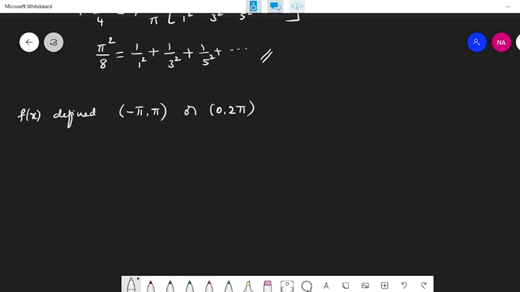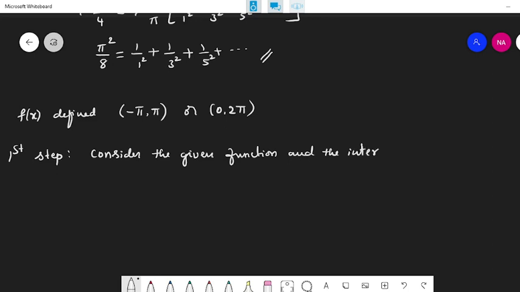To find the Fourier series expansion, the first step is to consider the given function and the interval. So I have to collect the given data. That is very important. That is the important step actually.